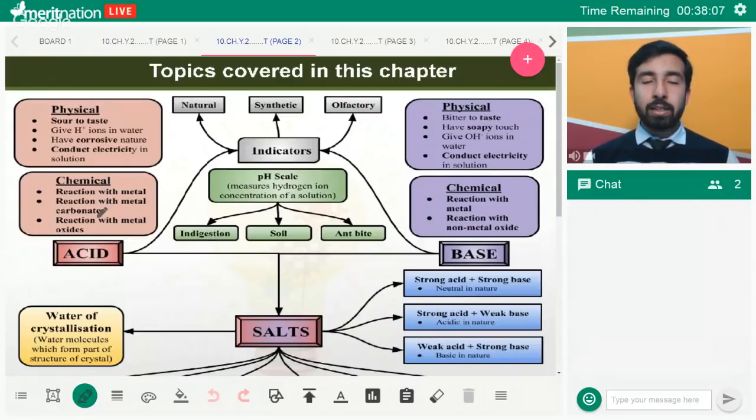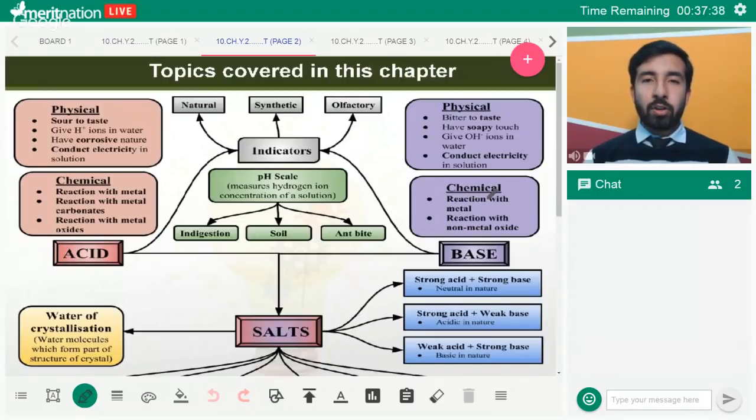Similarly, acids react with metal carbonates and metal hydrogen carbonates to form salt along with the release of carbon dioxide gas and water. Similarly, there is a reaction between acids and metal oxides, and the products of these reactions are salt along with the release of water.